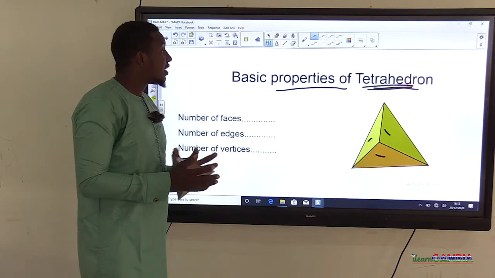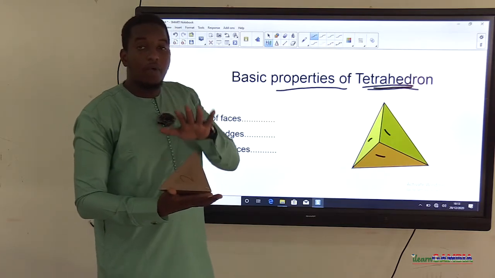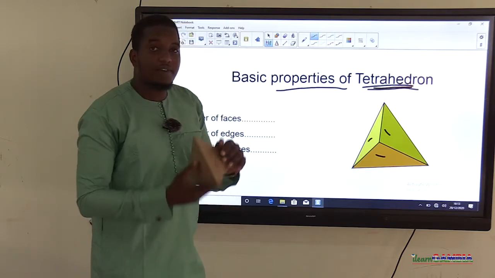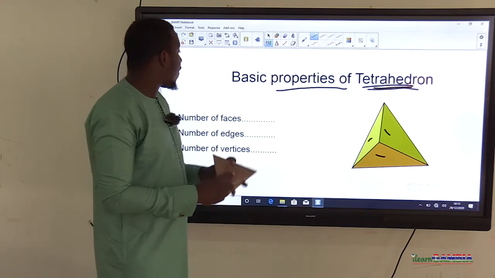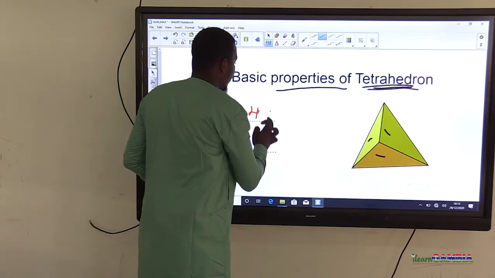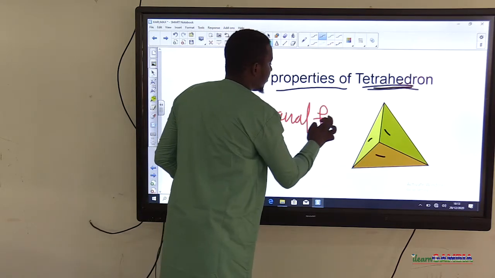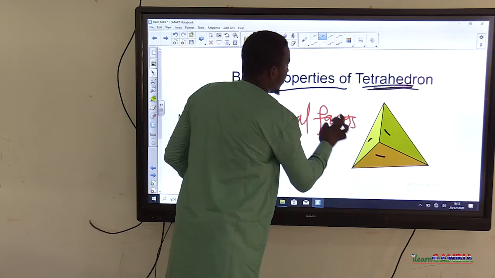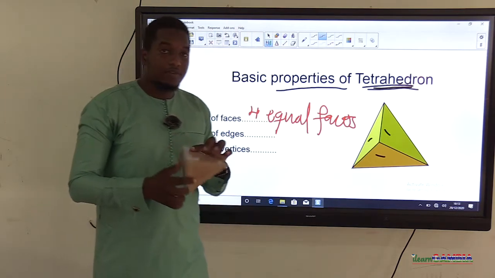Not only 4 faces, but 4 equal faces. Tetrahedrons have 4 equal faces.